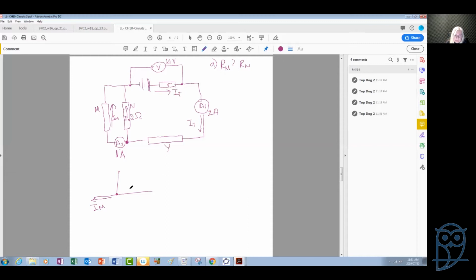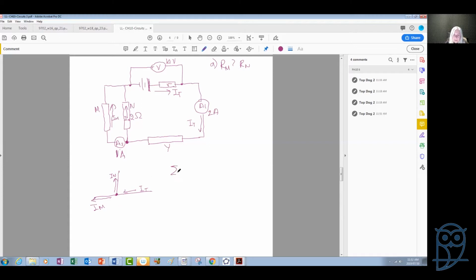All right, so what do we have here? We have this total current entering the junction, and we have this current IM leaving the junction, and we also have this current in the other resistor also leaving. So if we apply Kirchhoff's first rule, the sum of the in currents must be equal to the sum of the out currents.